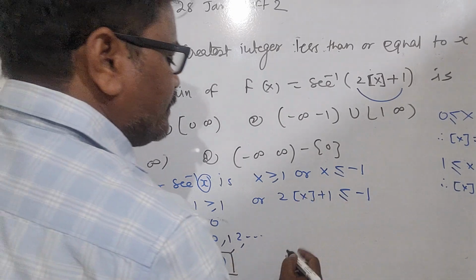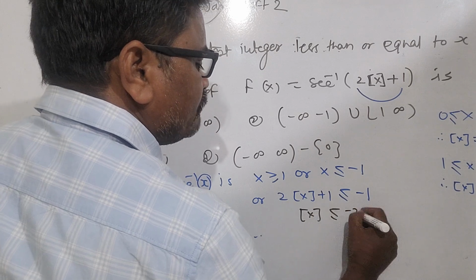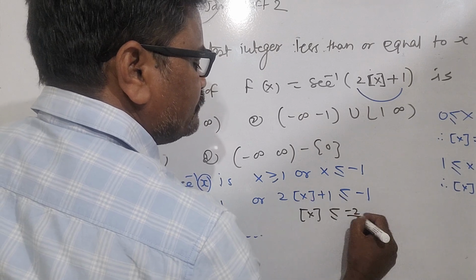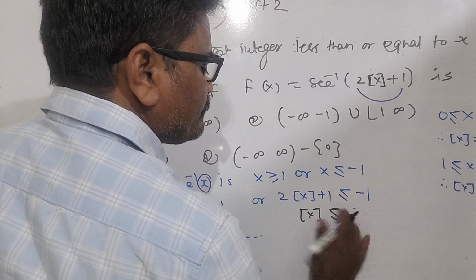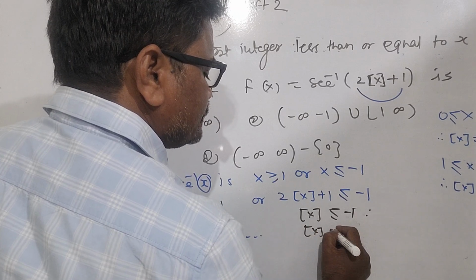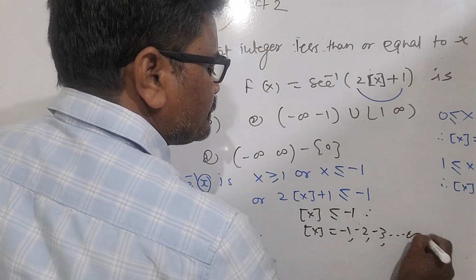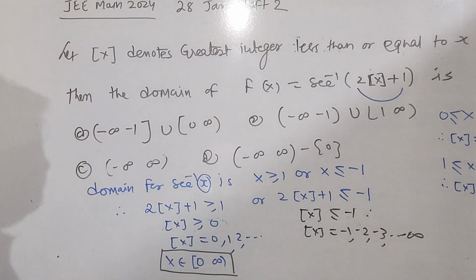Now come to the other inequality. This gives box of x is less than or equal to minus 2 divided by 2, that is minus 1. That is, box of x is either minus 1, minus 2, minus 3, and so on up to minus infinity.